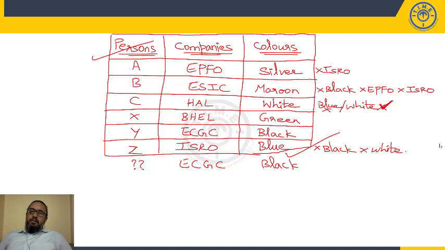No matter what type of puzzle it is, always work on elimination. When you keep eliminating, you will know where to place that particular information. So have a screenshot. We'll go to the questions.